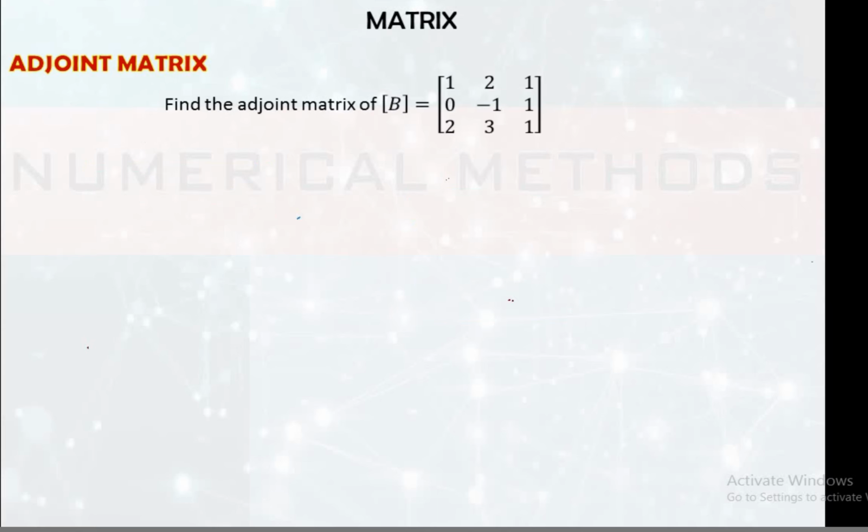So, let's look at this example. Find the adjoint matrix of B. So, the very first thing, to solve for the adjoint matrix of matrix B, we have to get the cofactor matrix of this matrix B. Paano natin ulit to solve yung cofactor nito?